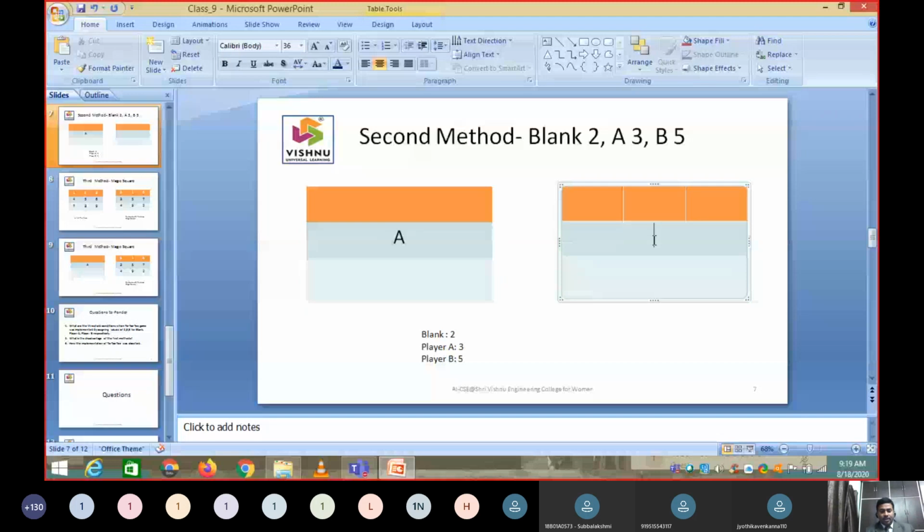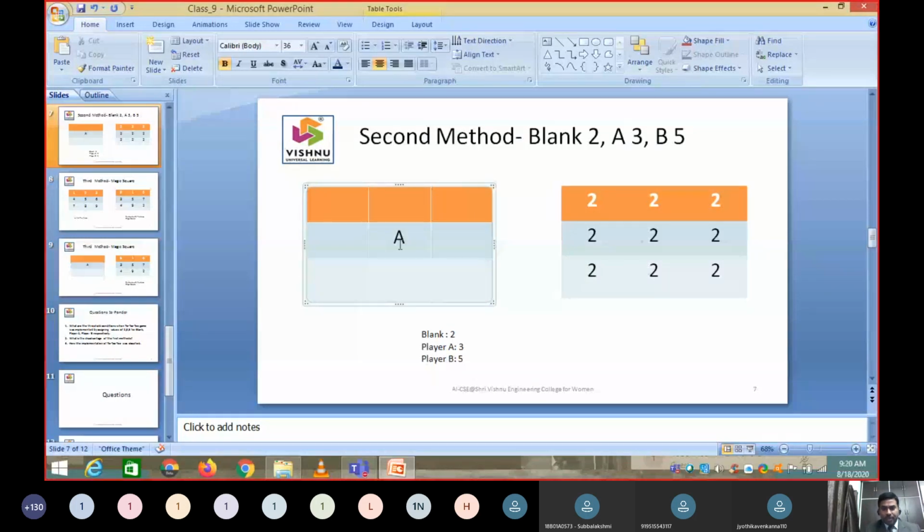Then assume that the next step is played by B. So the value can be 5 here. Initially, what were the values? Initially, the values kept in this table are 2. Initially, this is what the snapshot is.